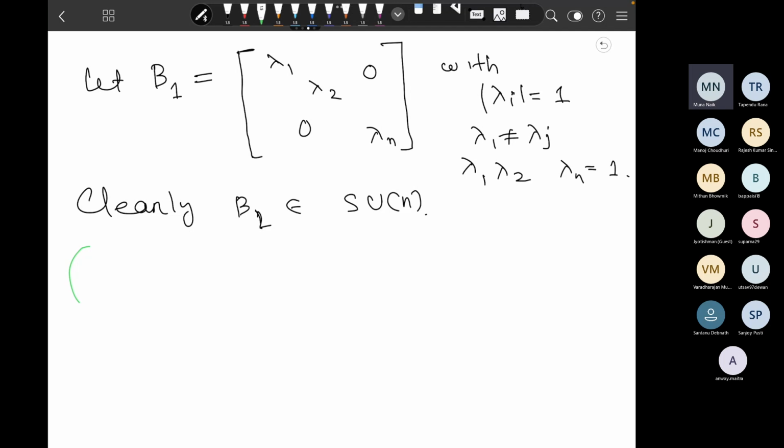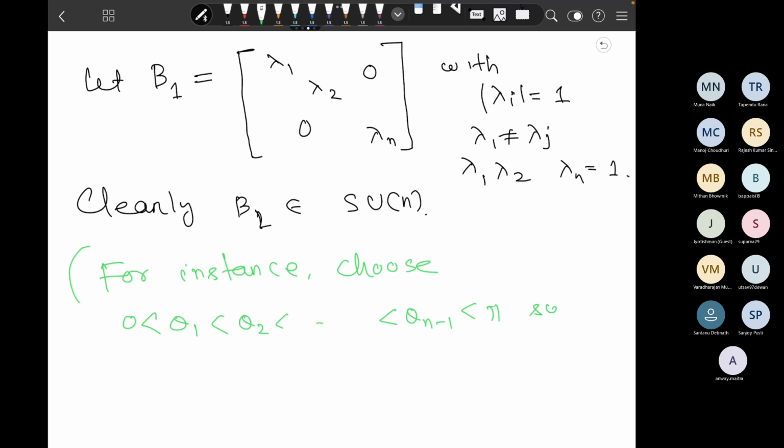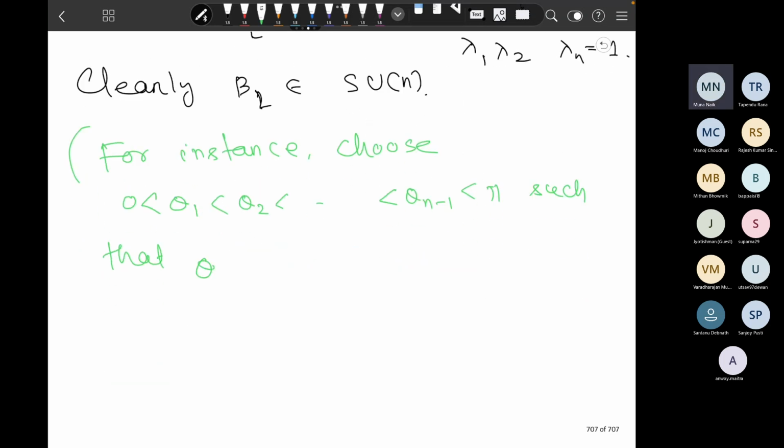So for instance, choose 0 ≤ θ1 < θ2 < ... < θn−1 < π, so that θ, which is nothing but θ1 + θ2 + ... + θn−1, is also less than π.